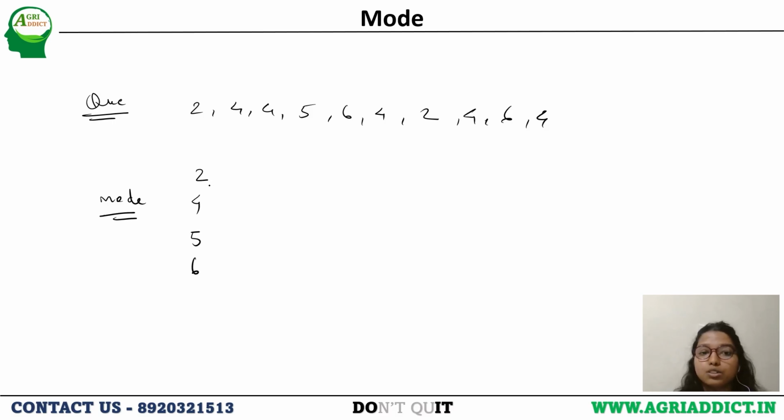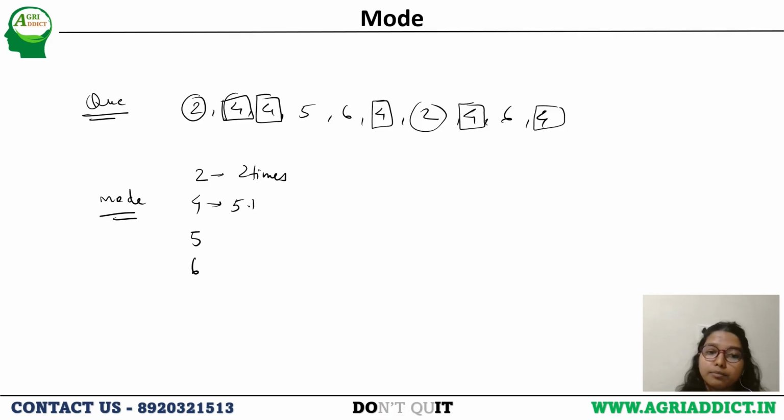These are the values. 2 is occurring how many times? It is occurring 2 times. 4 is occurring how many times? 1, 2, 3, 4, and 5 times. It is occurring 5 times. And 5 is occurring how many times? It is occurring only 1 time. 6 is occurring how many times? It is occurring 2 times.